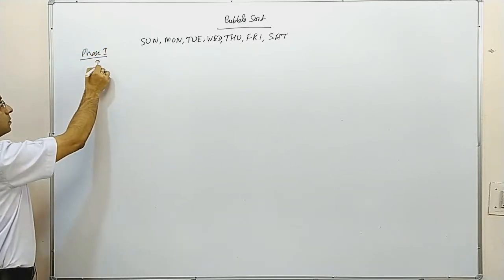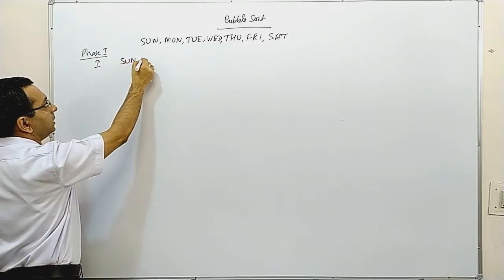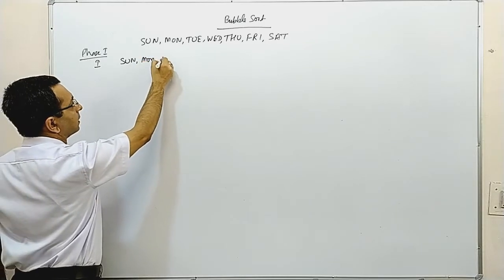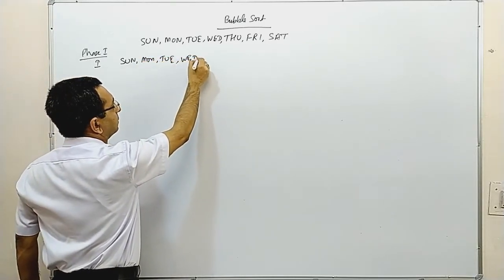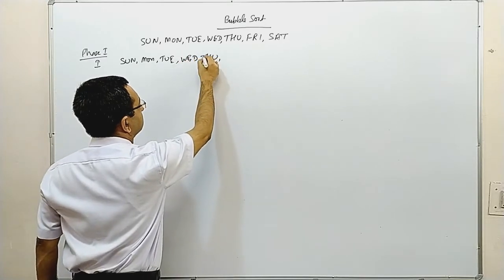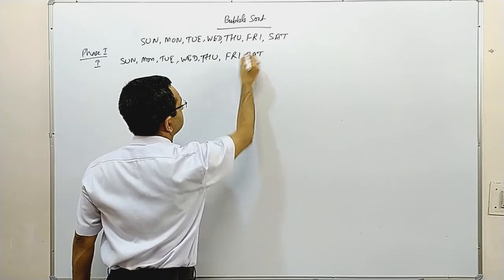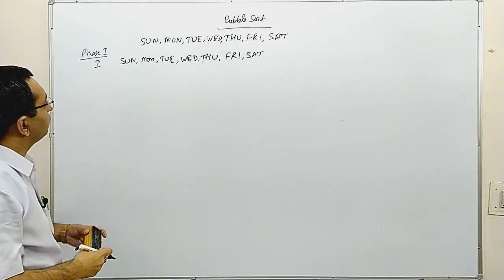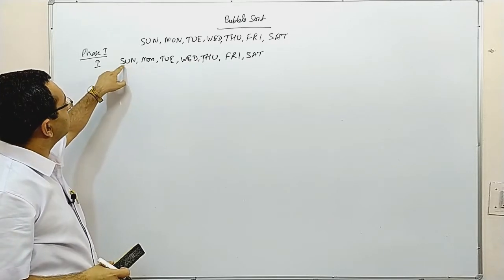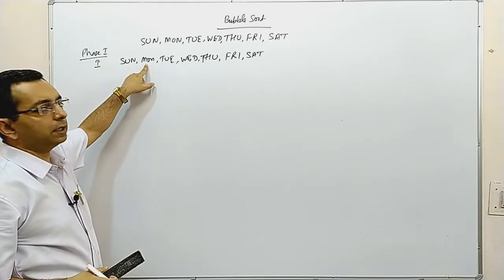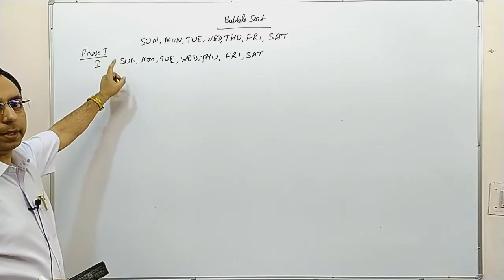In the first phase, step 1 is we have to write the same series. Now we have to compare this Sunday with Monday. The first letter should be compared with the first letter of the second element. So S is the bigger element.